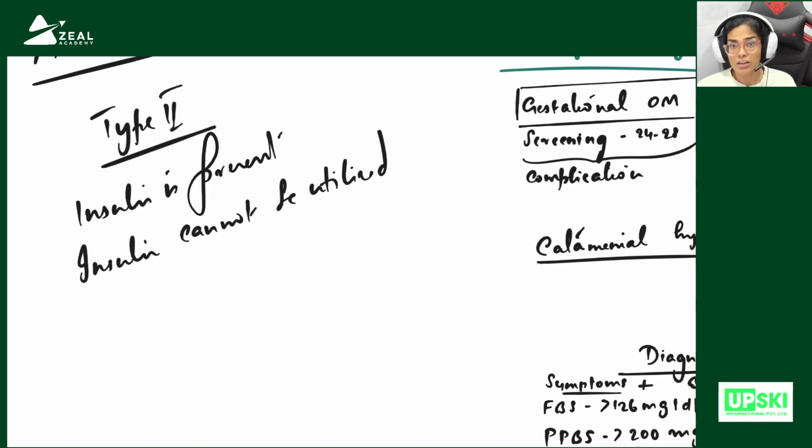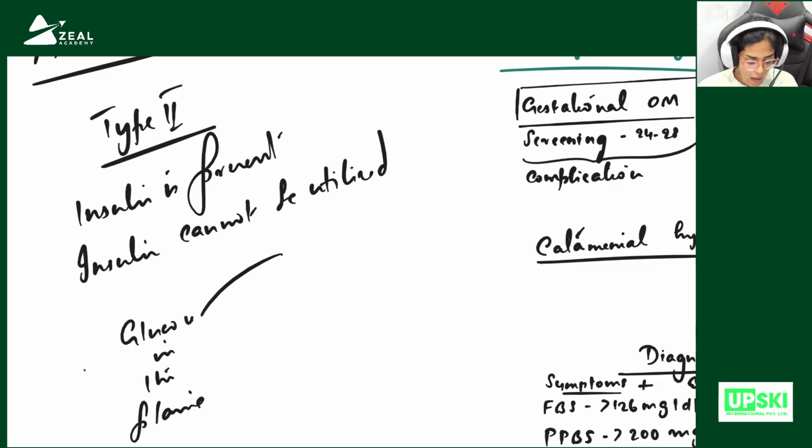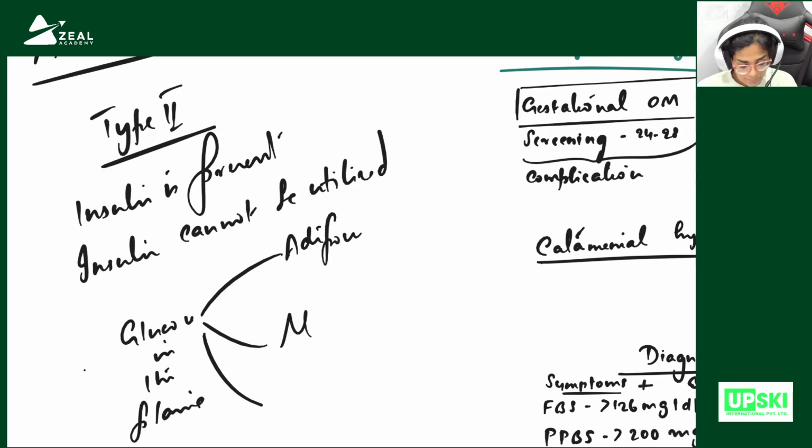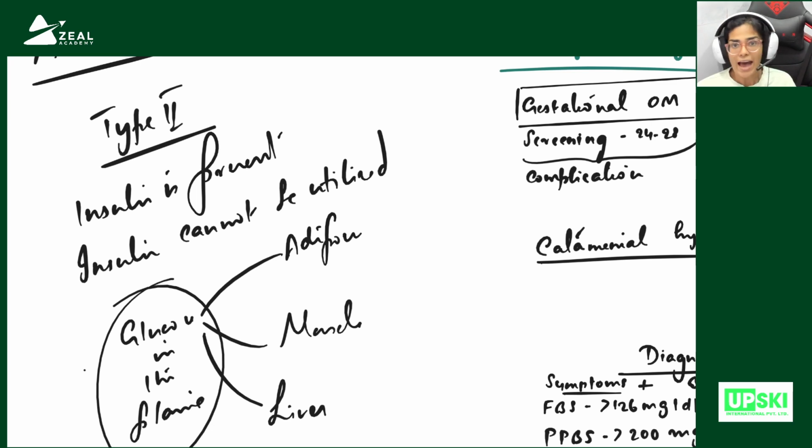Insulin is responsible for the peripheral uptake of glucose, meaning glucose in the plasma must be taken up into different tissues, adipose tissues, muscles, liver. So this process must happen after food intake. Okay, so this particular uptake is carried out by the insulin.